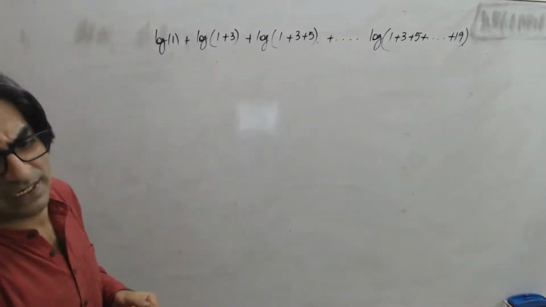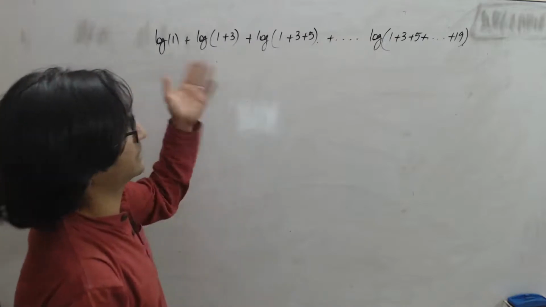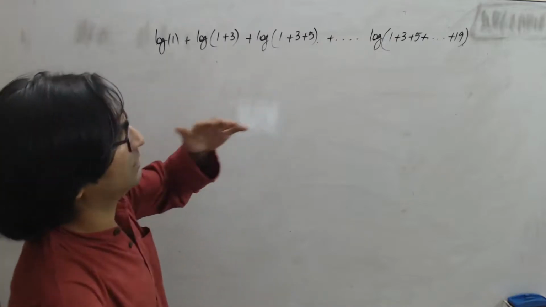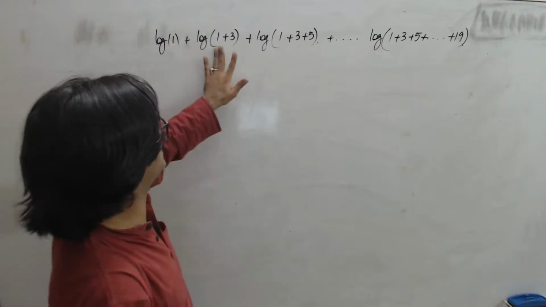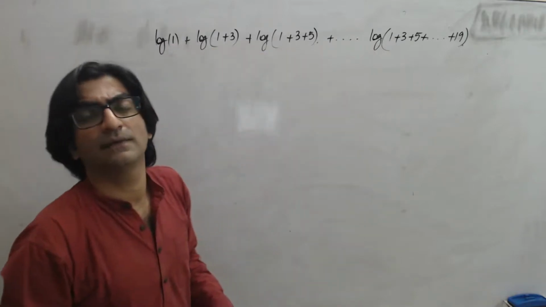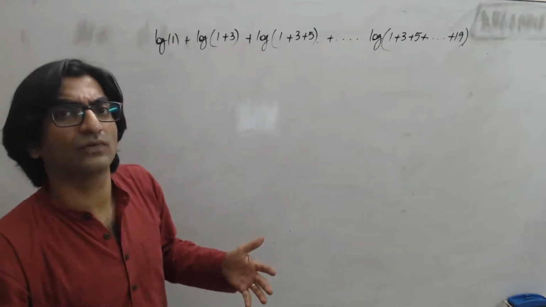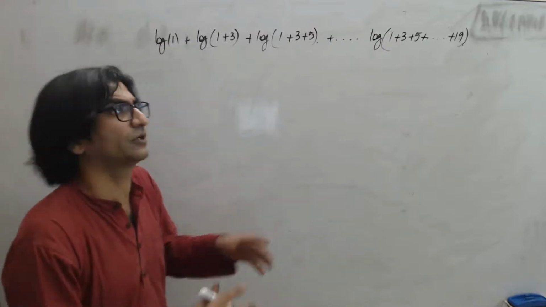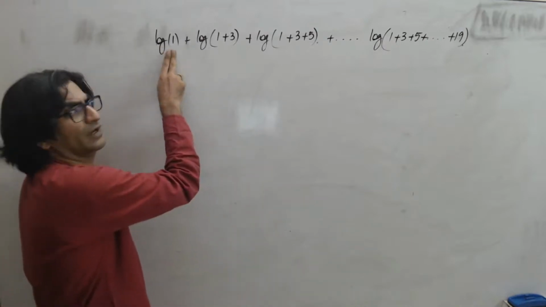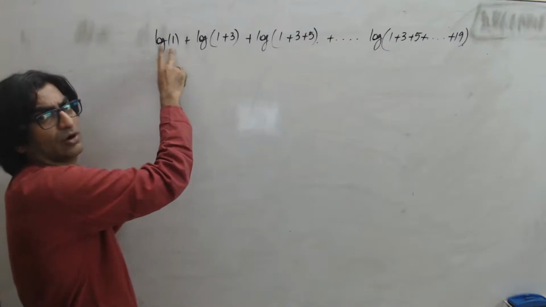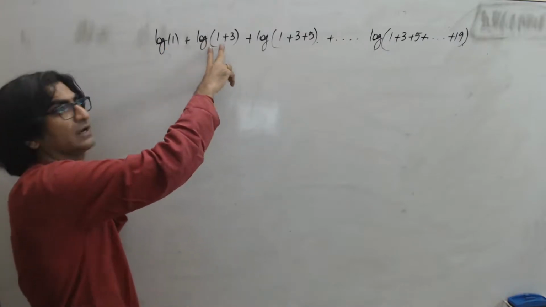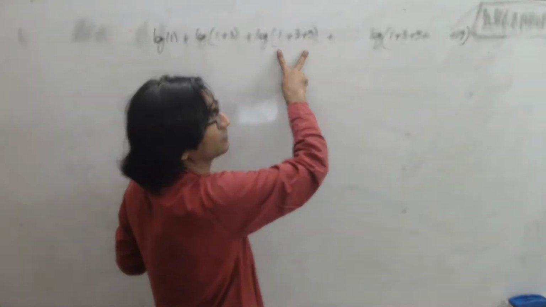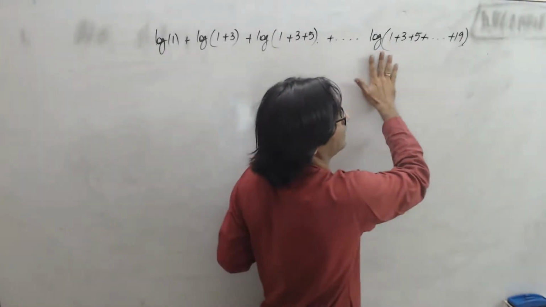The left hand side here has this expression. I don't know if you can see the pattern, but the radicands here are the sum of successive odd natural numbers. So first one odd natural number, then two consecutive odd natural numbers, three consecutive odd natural numbers, then 4, 5, 6, 7.